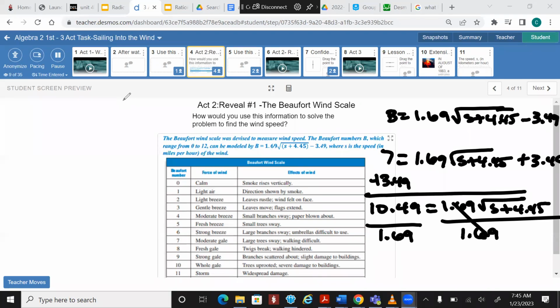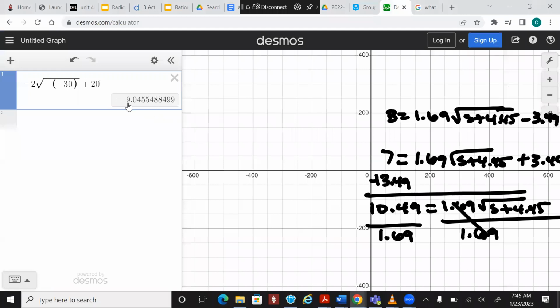And so that's going to give me 10.49 divided by 1.69. And then we're going to square both sides. We're going to square that number. And then we would subtract that 4.45.